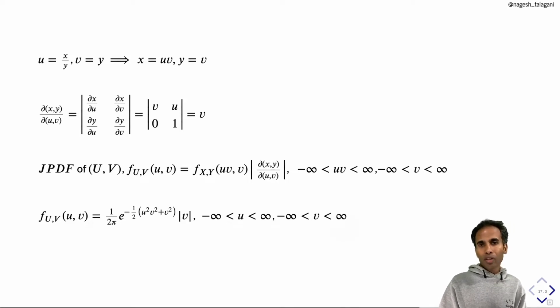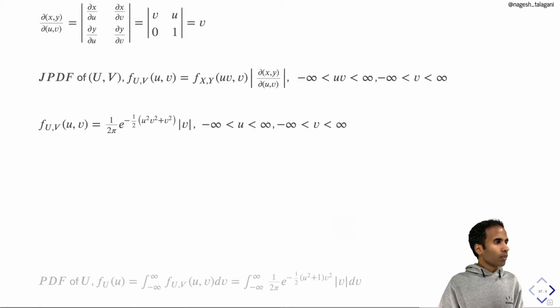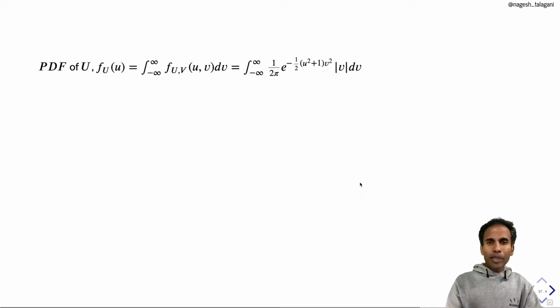Now let us find out the PDF of u. Now to get the PDF of u, we have to integrate the joint PDF of uv with respect to v from minus infinity to infinity.